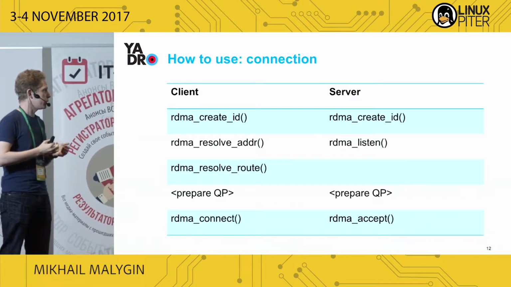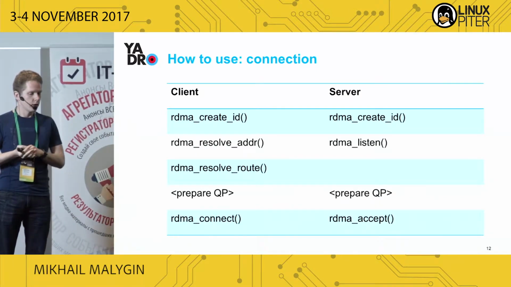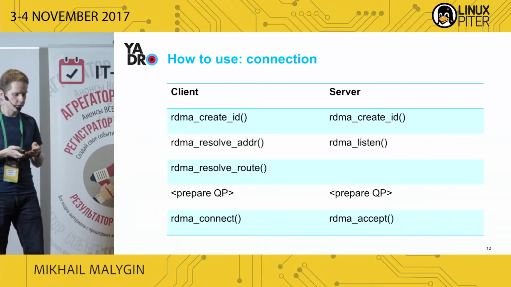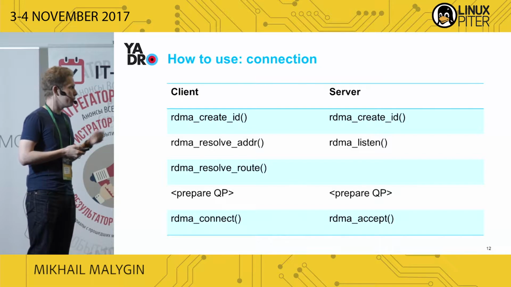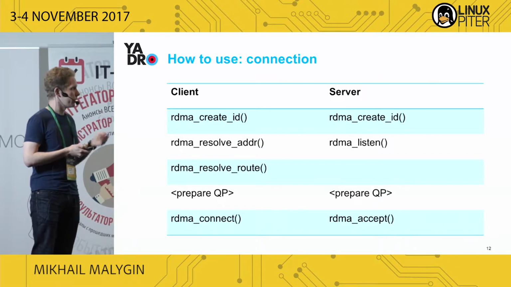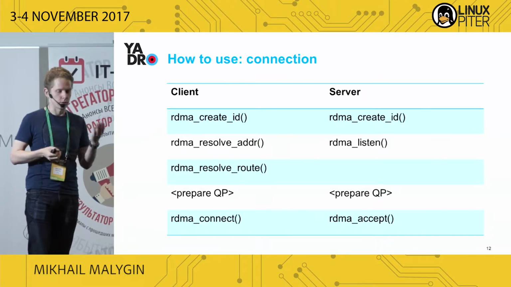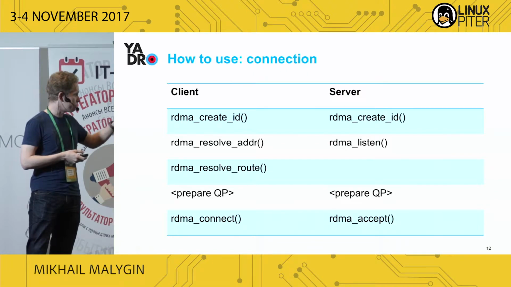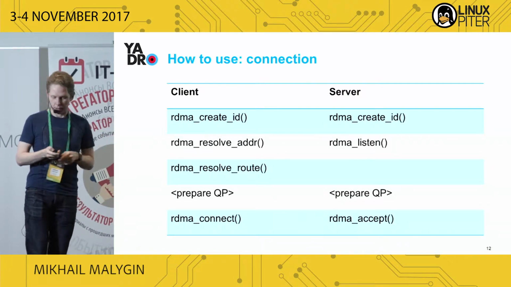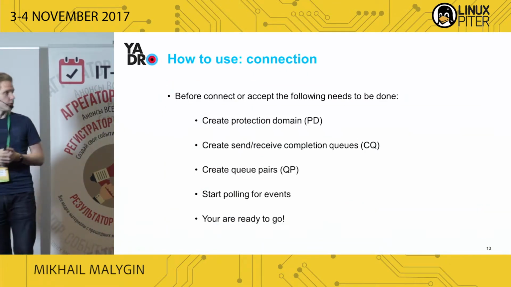The first is the communication manager, the other one is verbs. In order to establish a connection, we can use our client and server. We can perform a number of operations which are depicted on this slide. They are quite simple, but you have to call them in a proper order, and there is a state machine which collects them together.